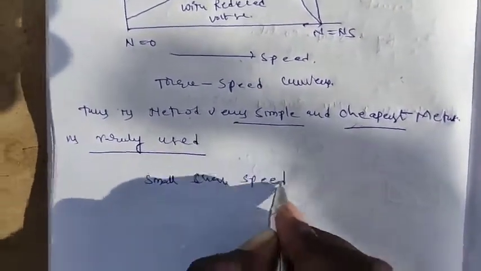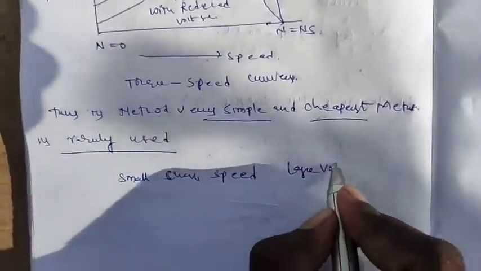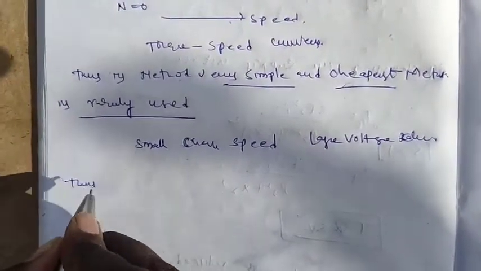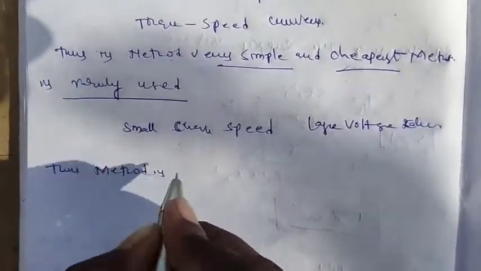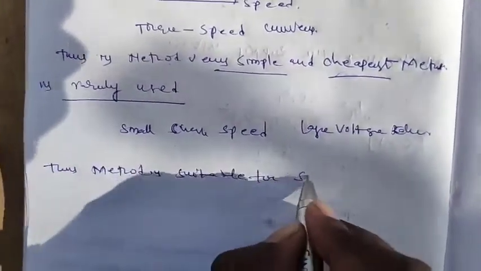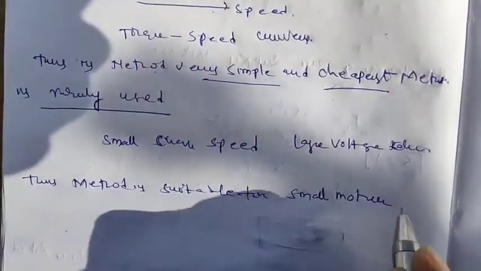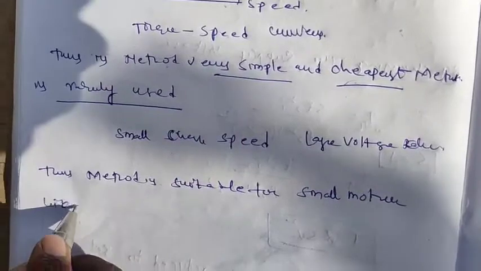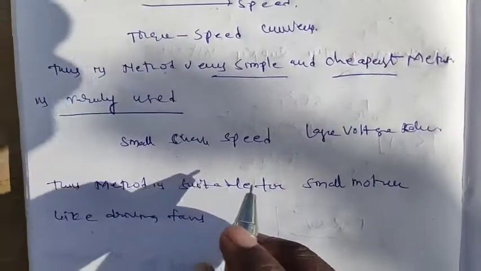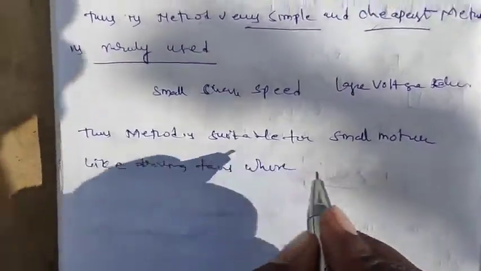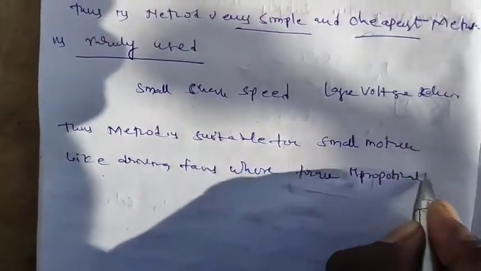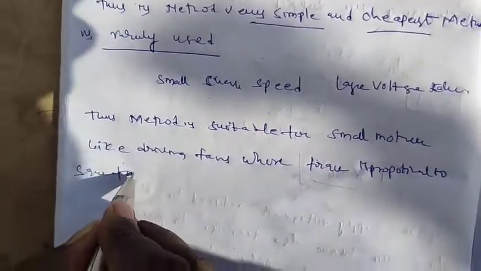This method is suitable for small motors, like those driving fans, whose torque is proportional to the square of the speed.